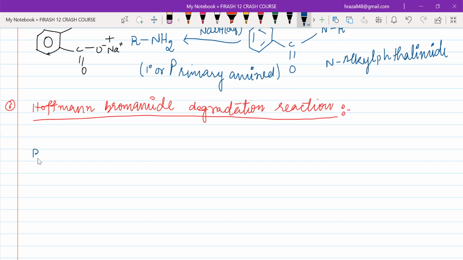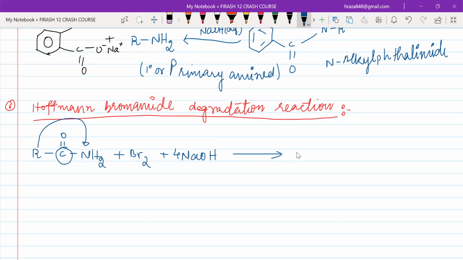As you can see, this is your amide, and if you react this with bromine in the presence of alkalis, that means base, this carbon will be eliminated and this R will be directly attached to NH2.